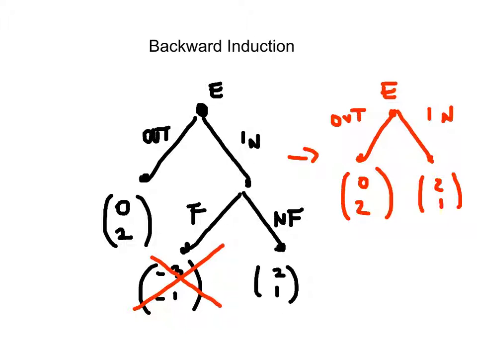So finite games of perfect information are the games in which every information set contains a single decision node and there is a finite number of nodes. And so you can proceed and continue to consider further and further reduced versions of the game through this backward induction procedure.